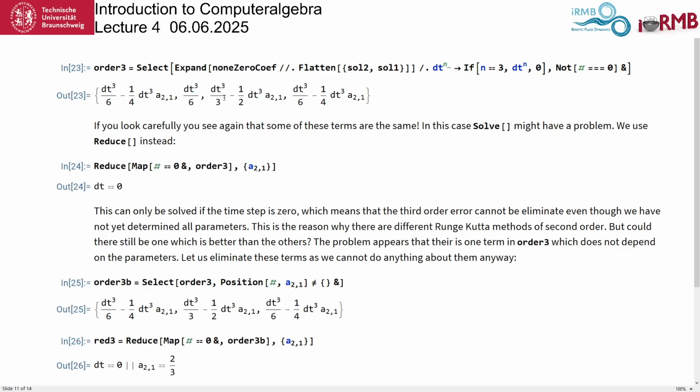So you get lucky with these here, because this is just the same thing multiplied by 2. However, there is something very nasty: dt cubed divided by 6.